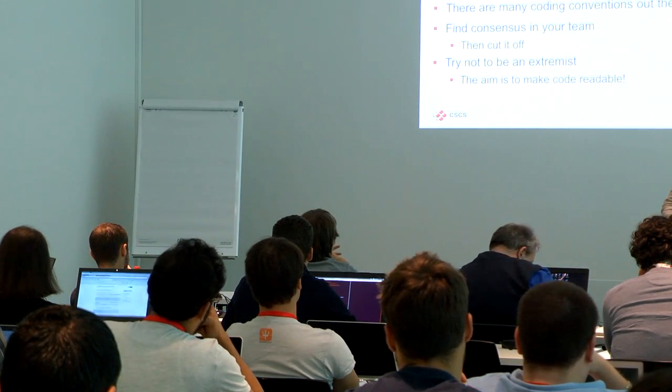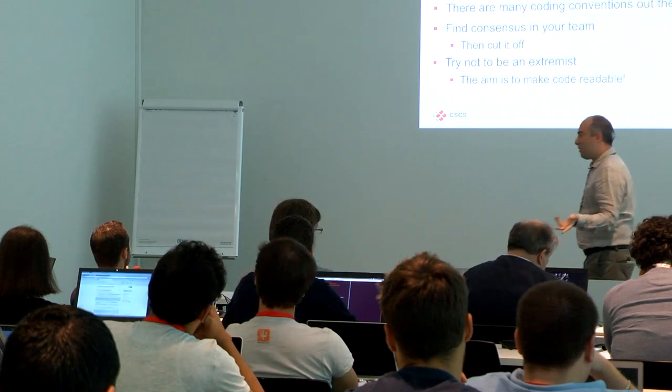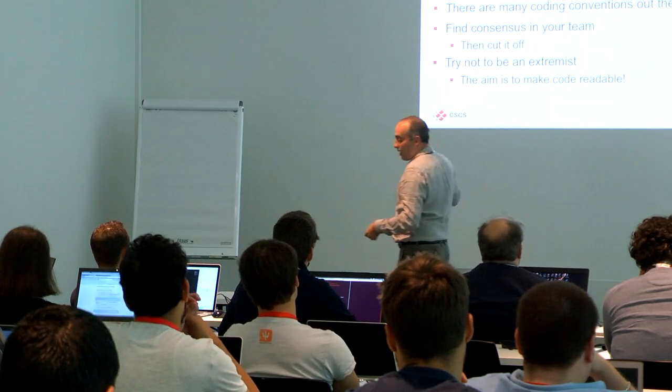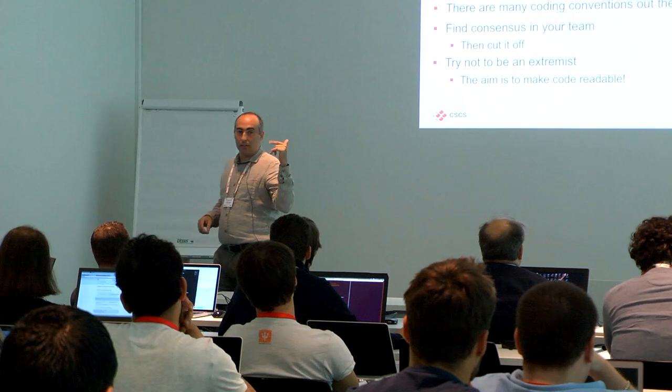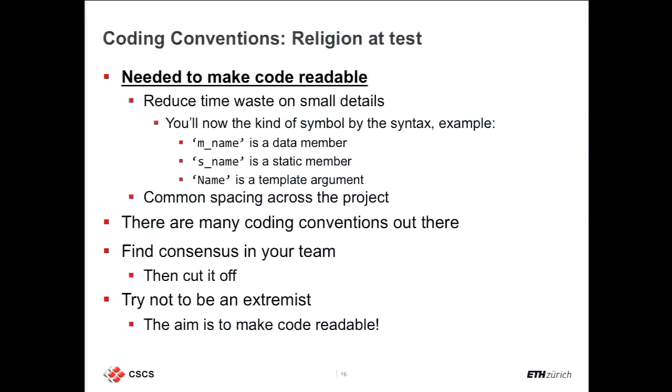When you have a data member of your class, put an m underscore in front of it, for instance, or some other convention, put underscore after the name or something. These are simple examples. For instance, s underscore name is a static data member of my class. If I have a capital letter, that is a template argument name.